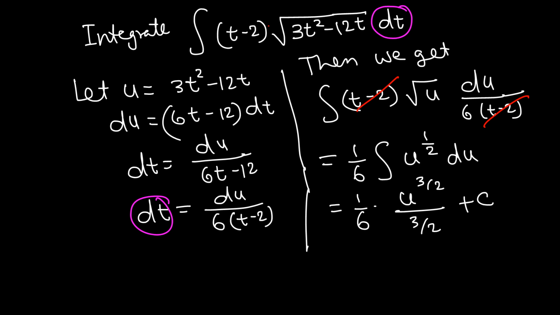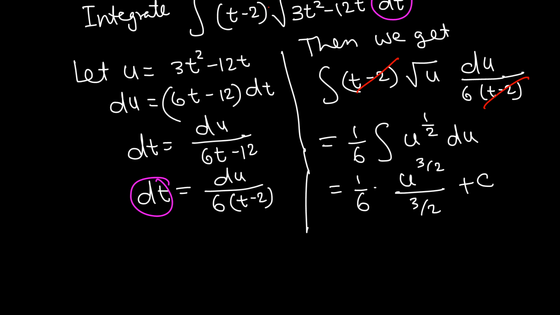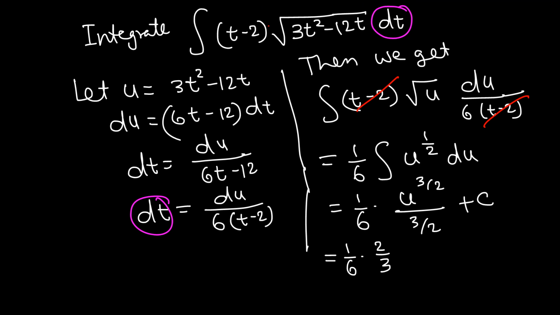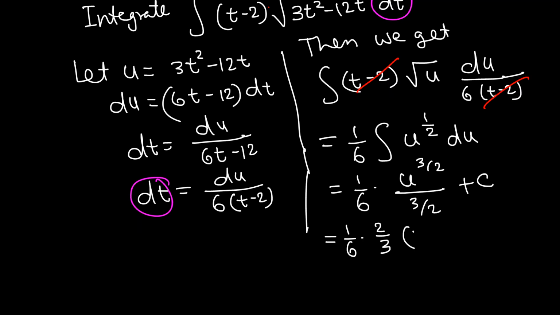Now let's simplify this and back substitute at the same time. When we change this division into multiplication, 3/2 becomes 2/3. So this is 1 over 6 times 2/3 times u raised to 3/2, and u is, by the way, 3t squared minus 12t.